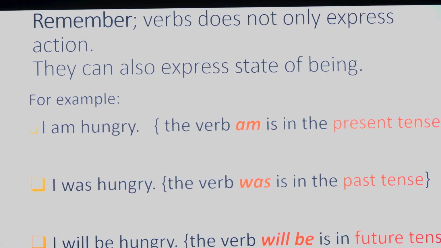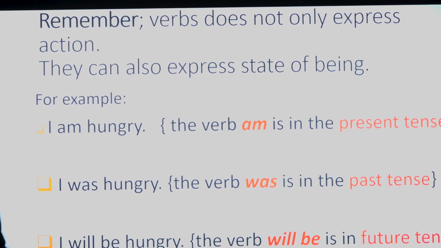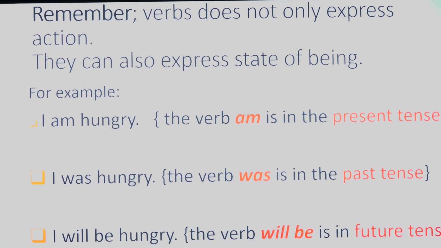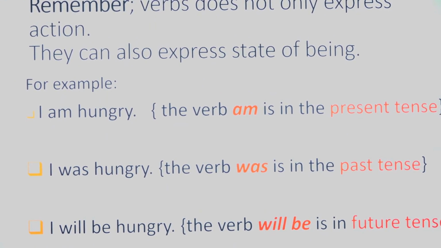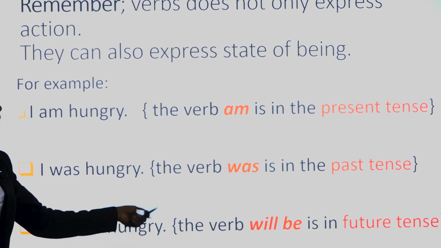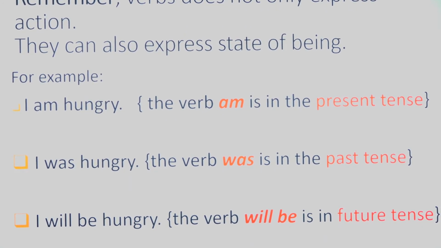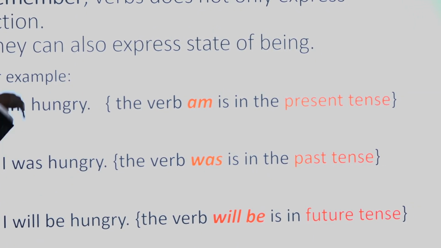I was hungry. The verb was means it's something that happened in the past, the feeling I felt in the past. I will be hungry. The verb will be is future tense, something that maybe in the future I will be hungry.